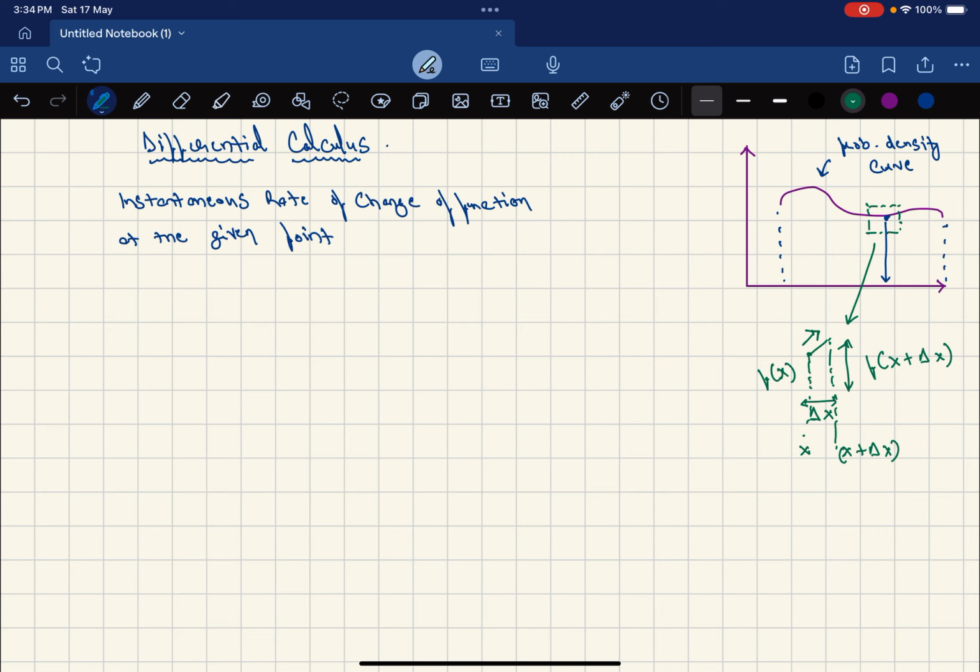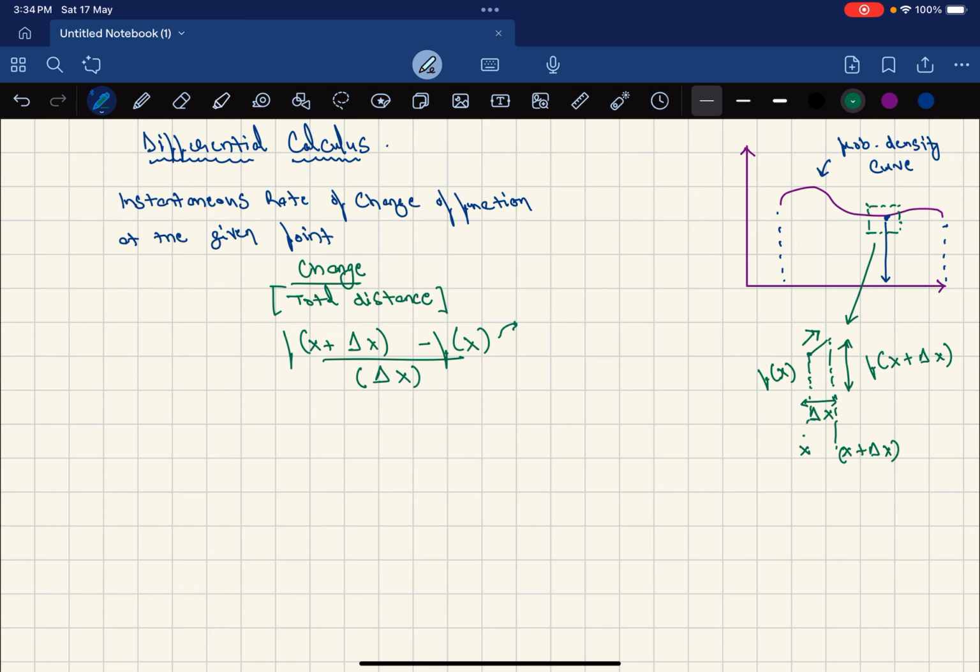Now once we have done that, how do we define the rate of change? Rate of change would be nothing but change divided by the total distance traveled. So the rate of change is nothing but the total change that has happened while we are going from the left to the right side, that is we are traveling a distance of delta x. So in this case it would mean f of x plus delta x minus f of x divided by delta x.